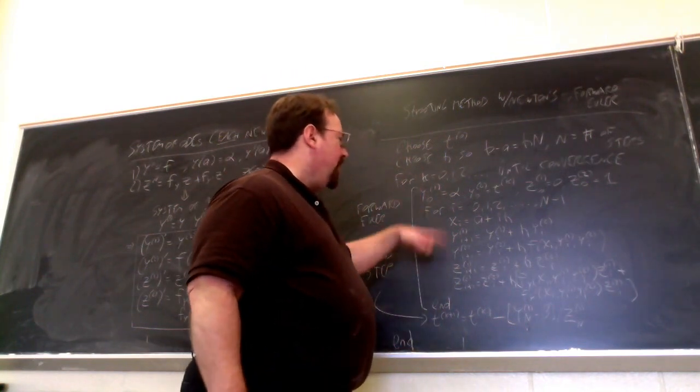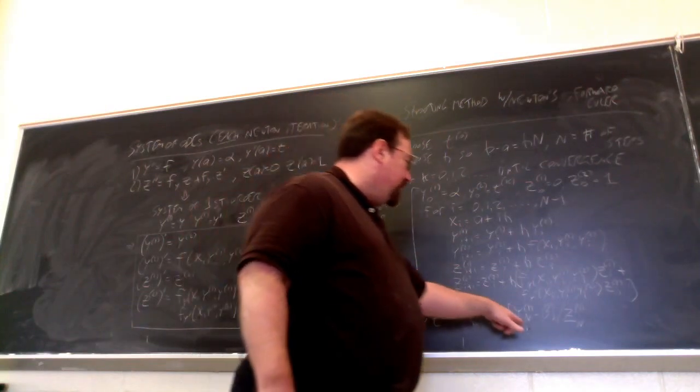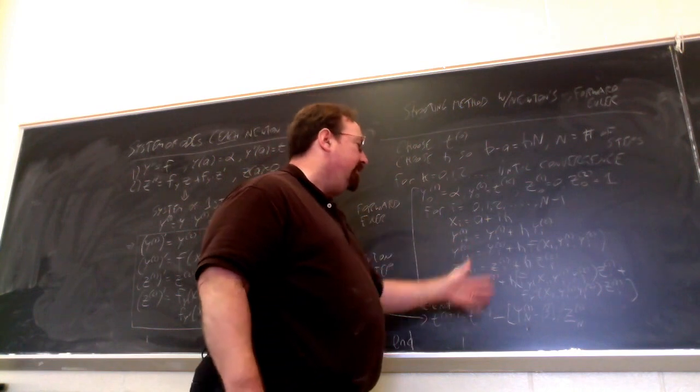So we have to compute all of these just to make it all the way to the end of our interval to get these two values. That's all we care about from all this, but we needed to do all this work to get them.